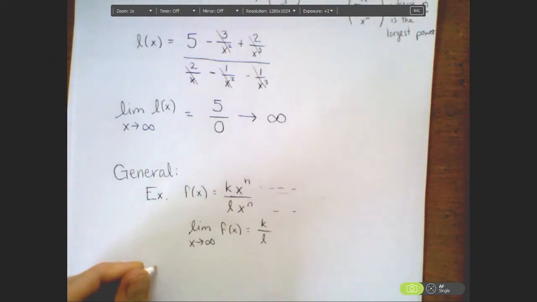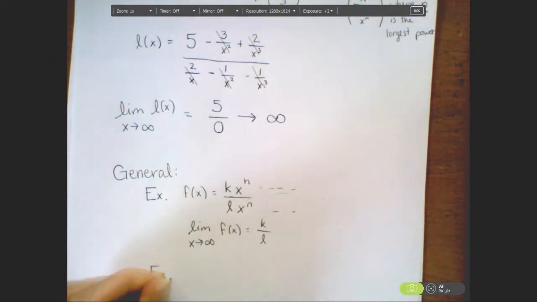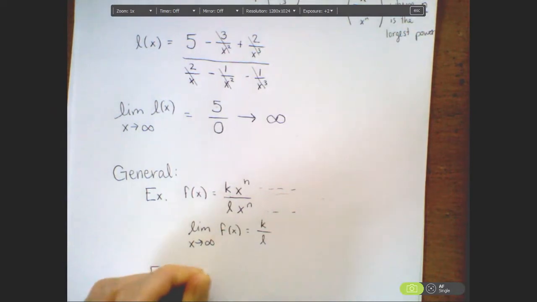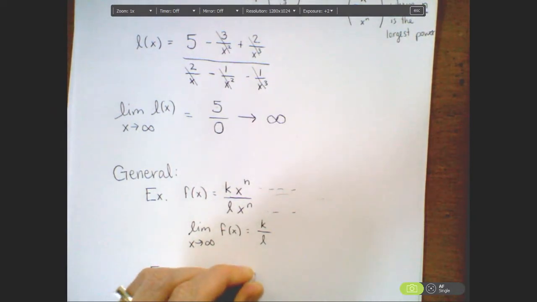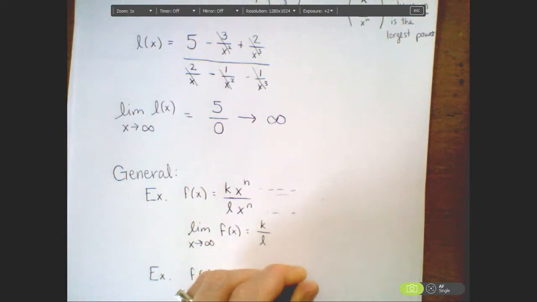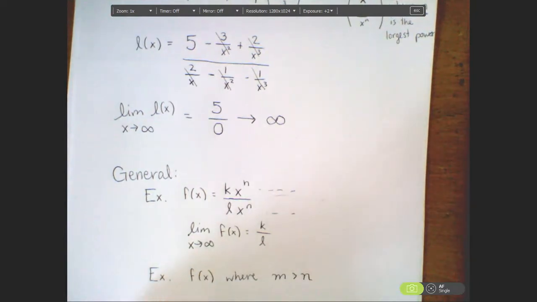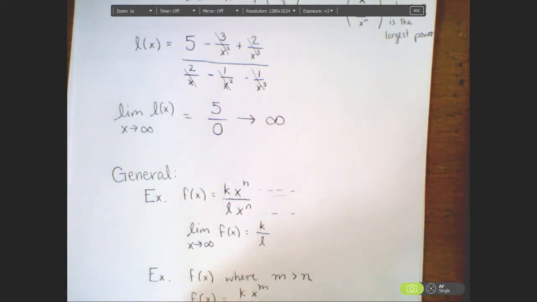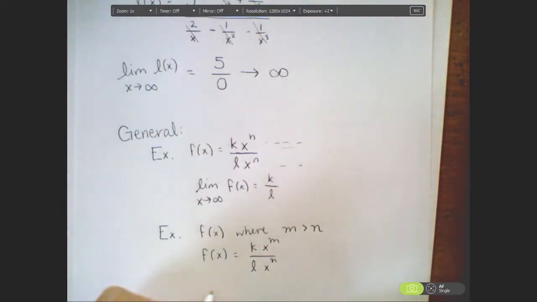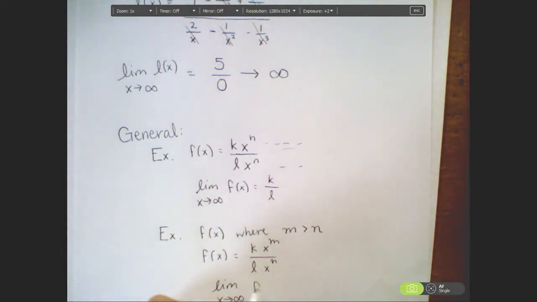However, if I have a function f of x where m is greater than n, and it's a function kx to the m divided by Lx to the n, as we just saw, if the numerator is really big, we're going to get the limit as x approaches infinity of my function f of x.